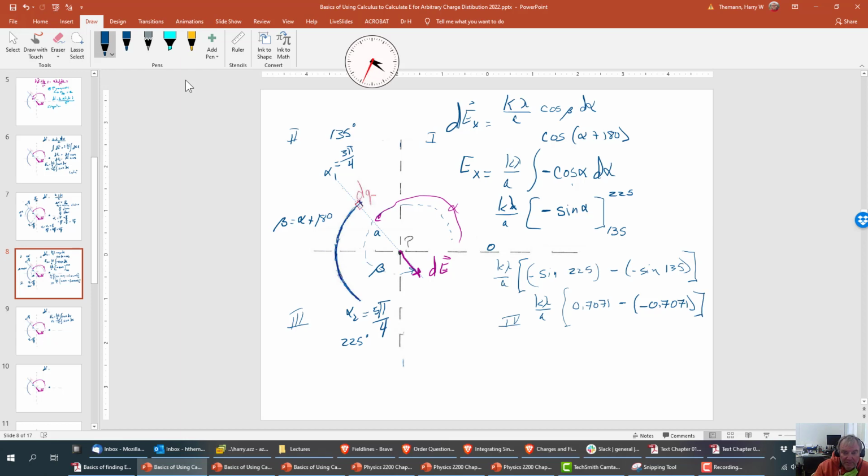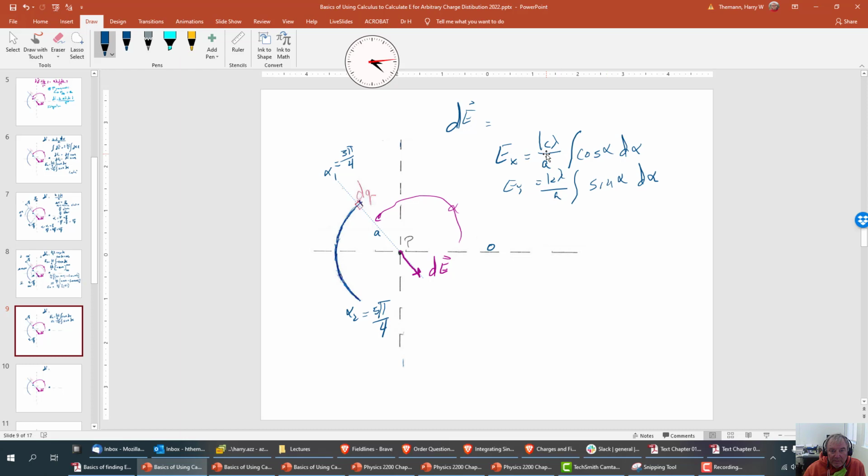A minus times a minus, and I end up with 1.41 times k lambda over a, and if you like, this is the Ex component, magnitude. So far so good. Somehow I thought the minus sign was wrong a minute ago, but all good.